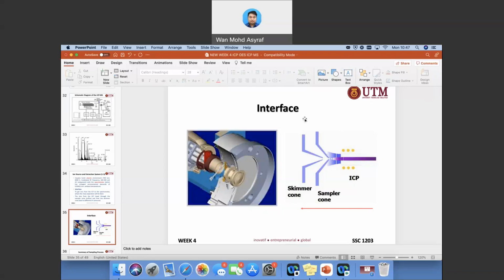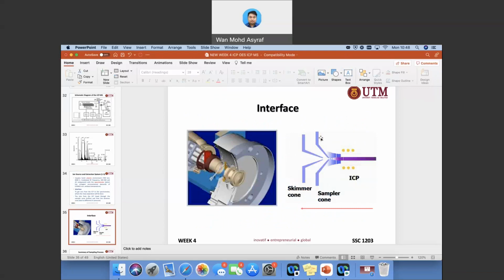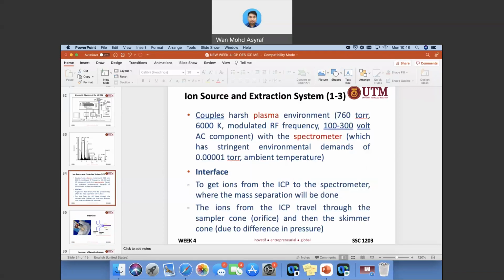It needs to have an interface, which we call the sampler cone and then the skimmer cone. The ions would be able to travel through the sampler cone, which is this one, and then the skimmer cone, into the mass filter, which is the quadrupole.